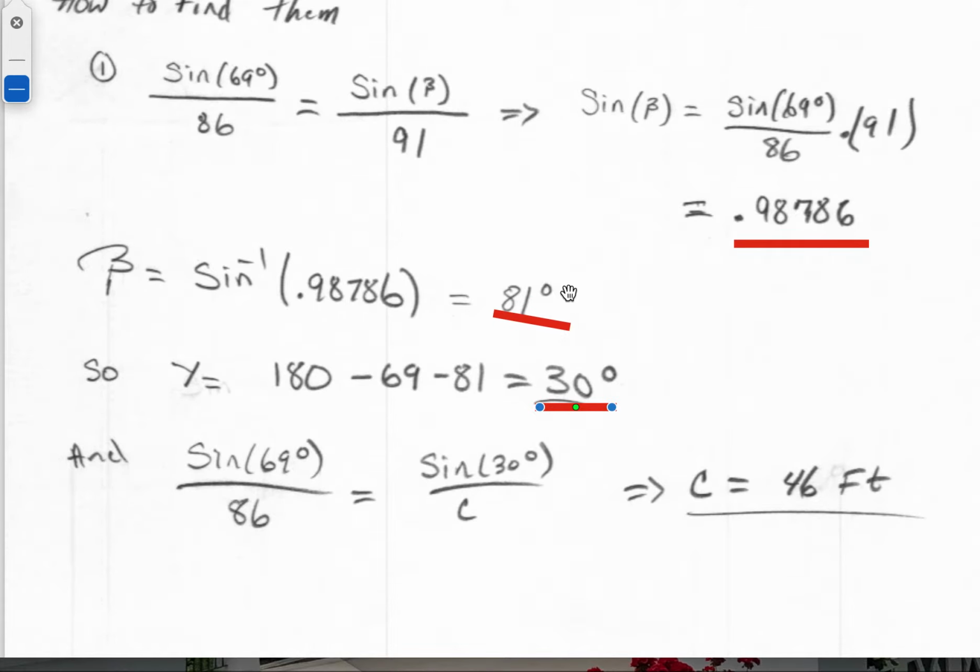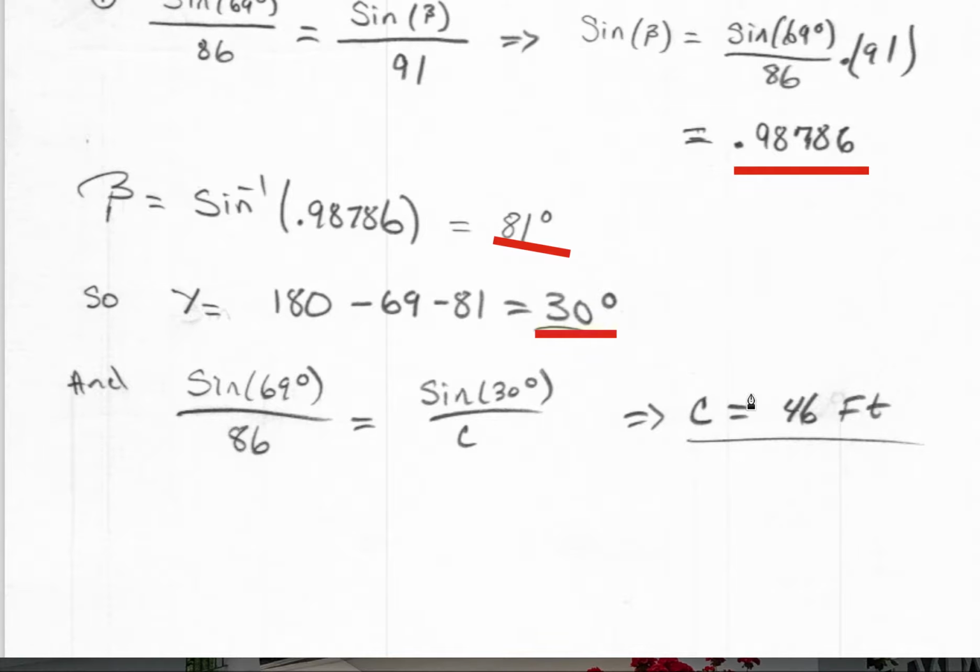To find side C, I take the sine of alpha over 86 equals the sine of 30 degrees over C, which I don't know, and I solve for C and get 46 feet.